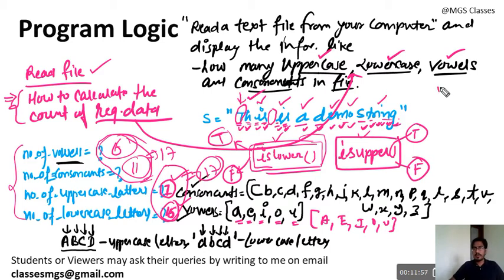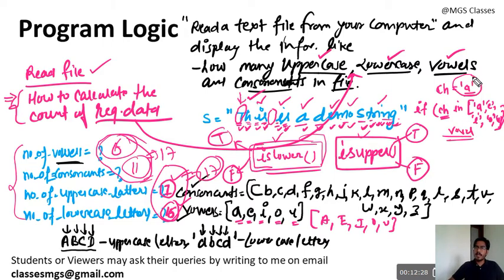Let's suppose the character has a, and you want to check whether this character is a vowel or not, you can use this condition: if ch in, and you pass a list a, e, i, o, u. So if this a is in this list, in this case the character a is present in this list, so we will say this is a vowel.